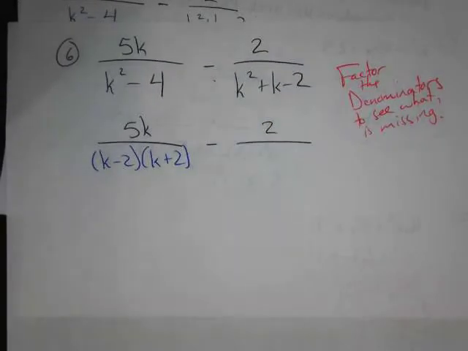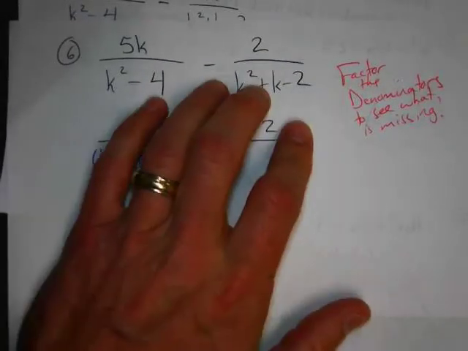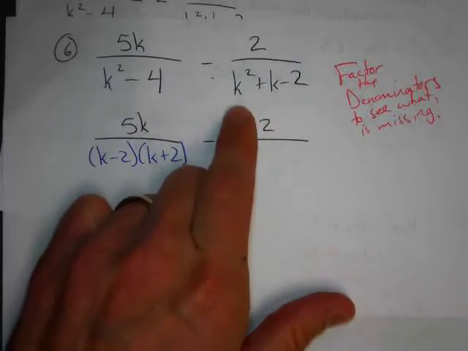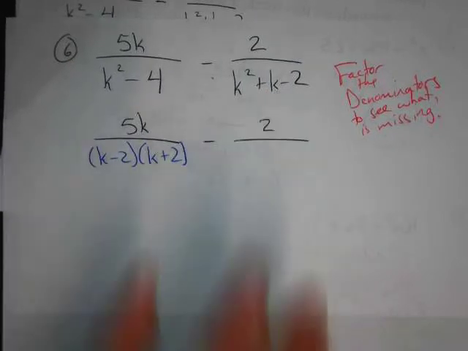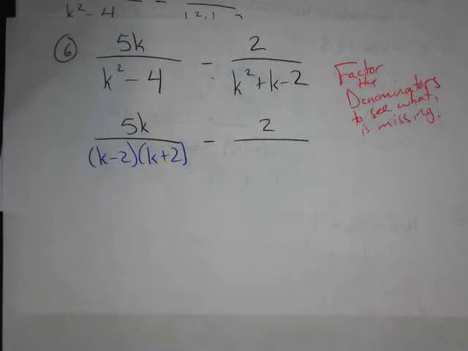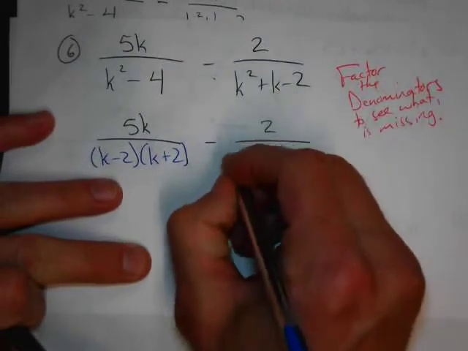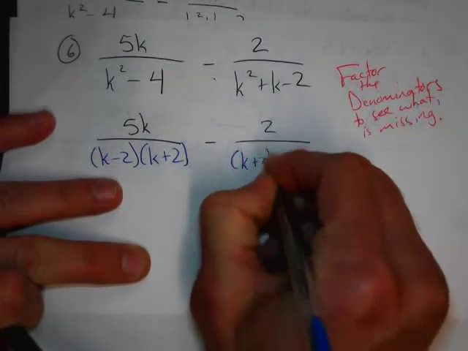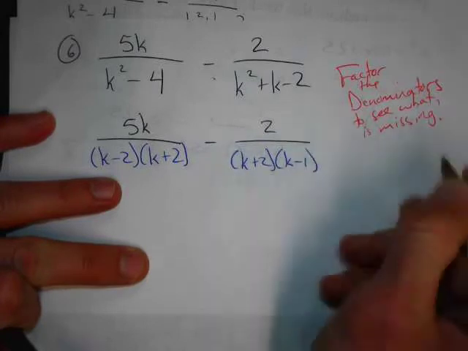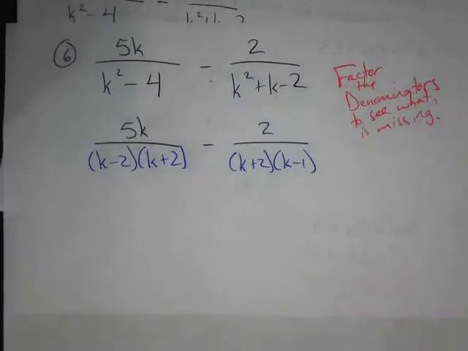And then in my second denominator, I got to factor that. Okay, so I have k squared plus k minus 2. Mental math, x factor, factor by grouping, do whatever you got to do to realize that this denominator, when I factor it, is k plus 2 times k minus 1. Now I have factored my denominators.